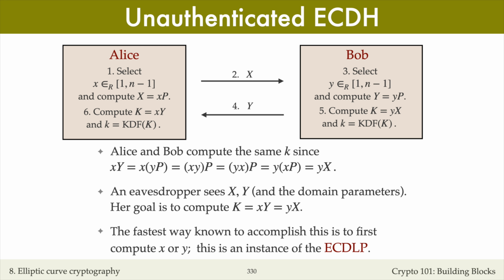Thus, assuming that the ECDLP is intractable, the ECDH problem is also intractable. Hence, a passive adversary who sees X and Y is unable to compute the shared secret key k.